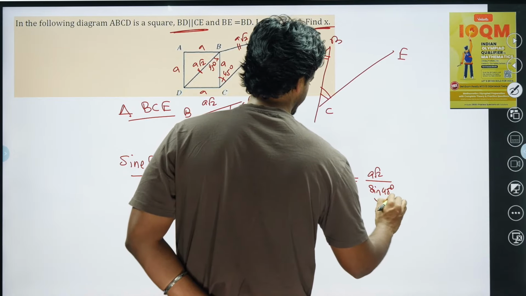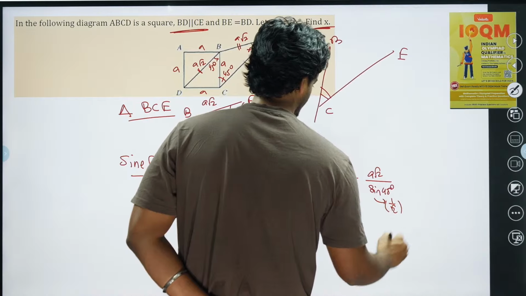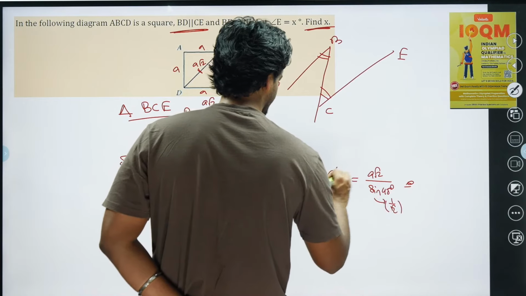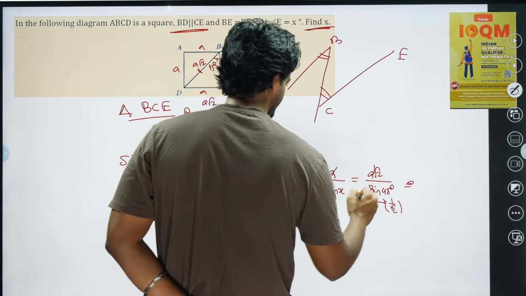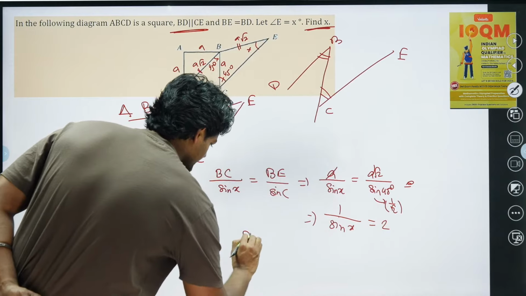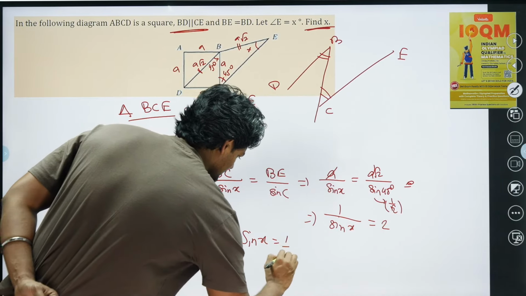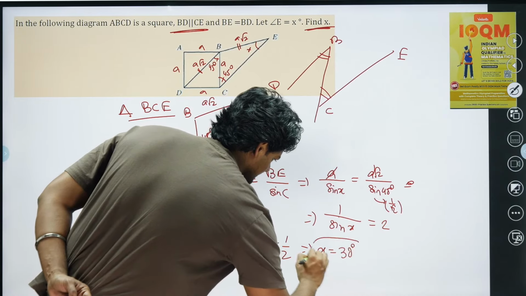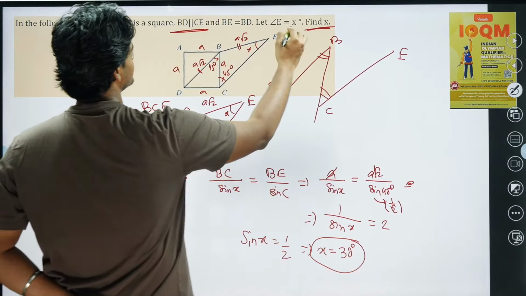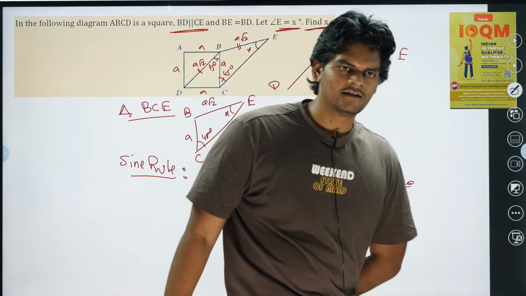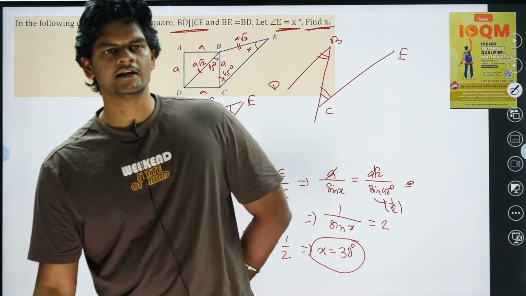And we know that sine 45 degrees is 1 by root 2, right? So A will get cancelled. So 1 by sine X is 2. So sine X is 1 by 2. So X is 30 degrees. Because the question asks it in degrees, we need to find it in degrees. Yeah? Clear?